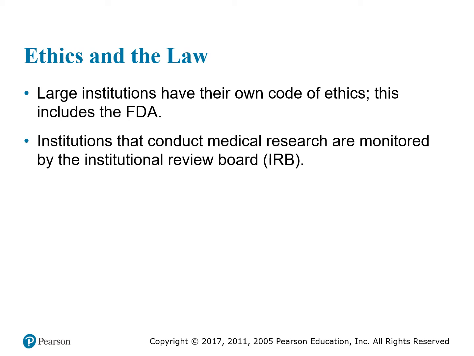While they have guidelines for ethical practice in research, each institution, and large institutions like universities, but also institutions like the FDA, have their own regulations that are even more, well, in their opinions, ethical, right?